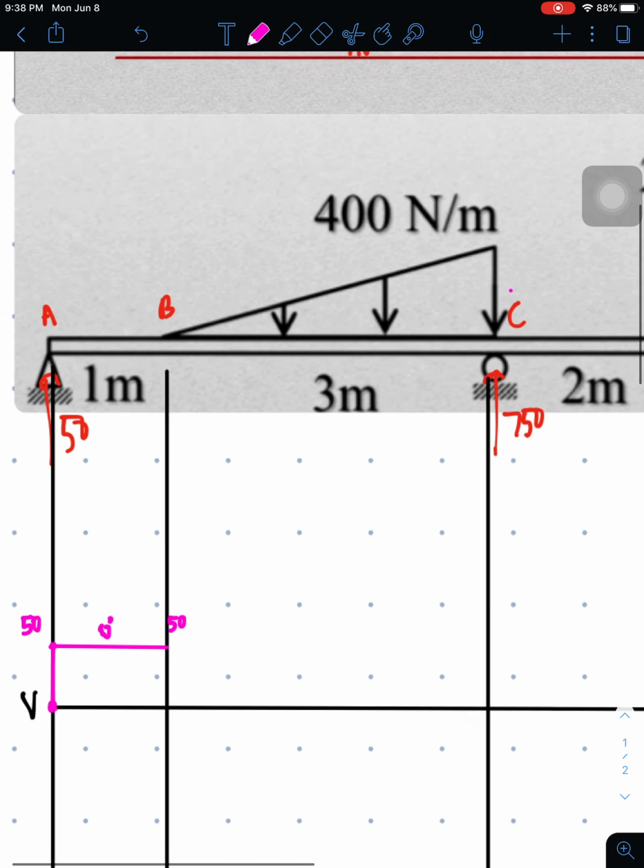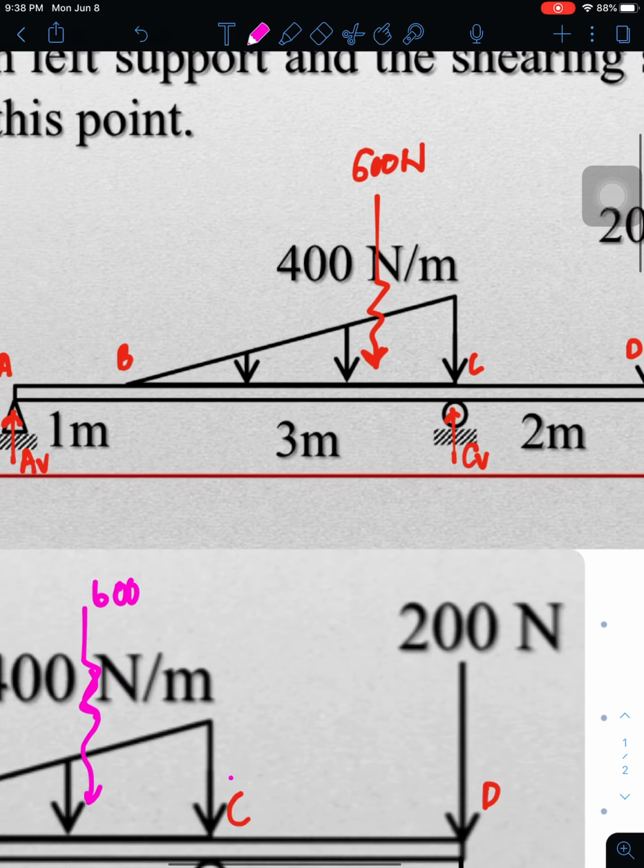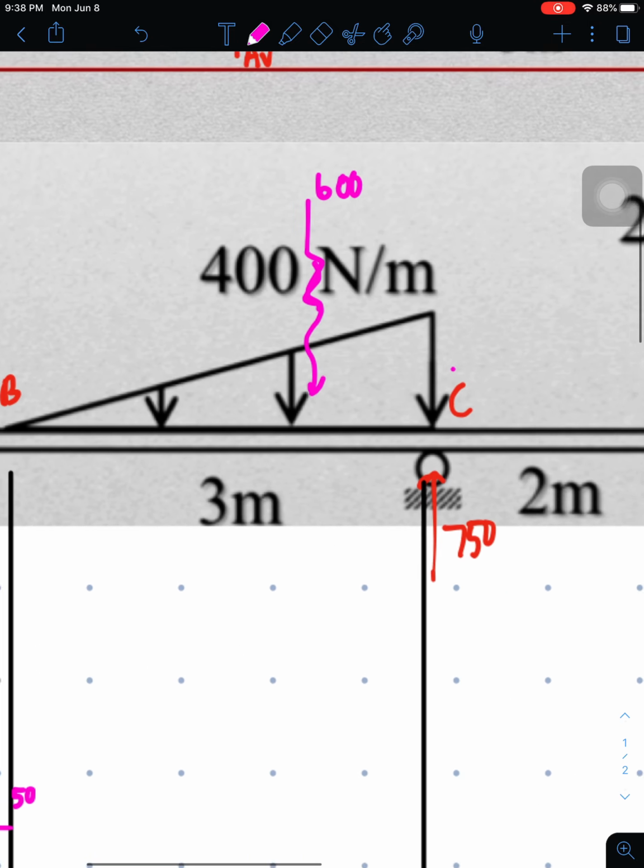Triangle: 400 times 3, that's 1,200, divided by 2. So that's 600. I'll just write here the 600. I just forgot to write it down here. Well, anyway, just refer here. You have a 600.